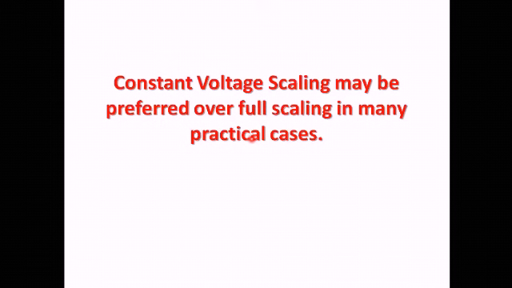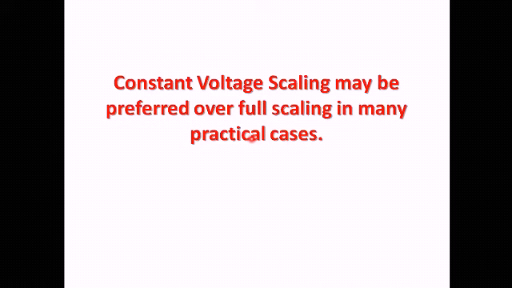Also, the simple gradual channel approximation, or GCA, used for the derivation of the current voltage relationships, does not accurately reflect the effects of scaling in small size transistors. The current equations have to be modified accordingly. So in the next lectures, we will be discussing the short channel or small geometry effects.